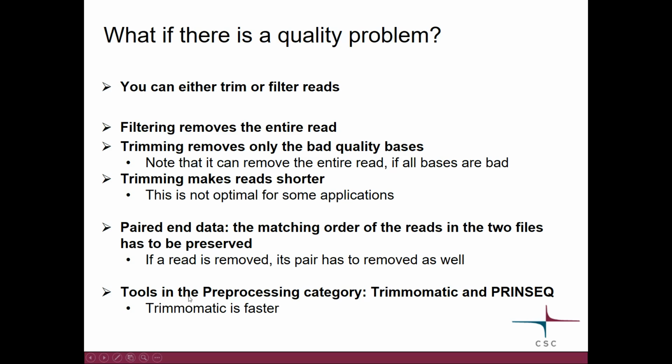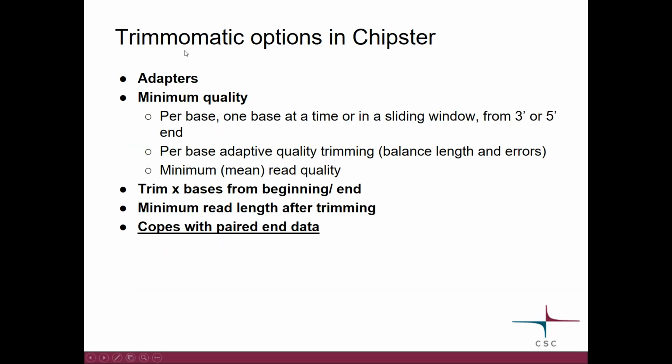These tools you find in the pre-processing category in Chipster. There are tools like Trimmomatic and Prinseq, and of these Trimmomatic is the faster one. Trimmomatic has several options. You can trim adapters, you can trim based on quality, either looking at one base at a time or a sliding window.